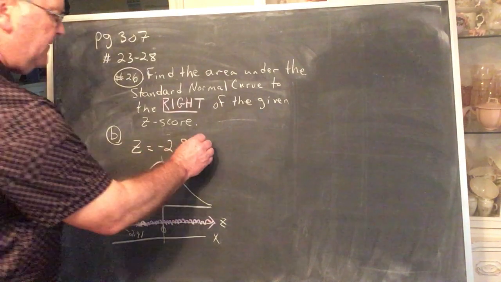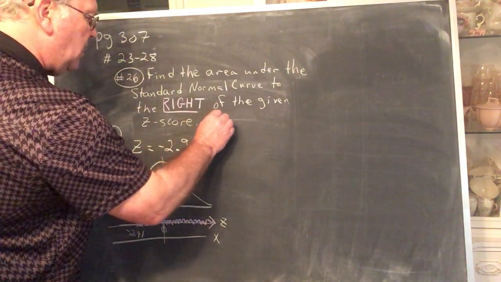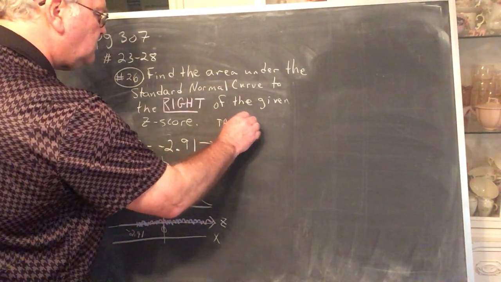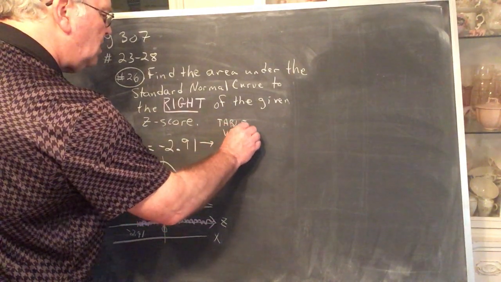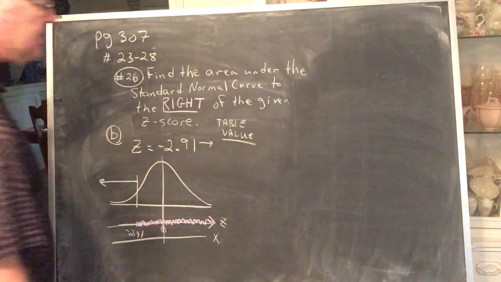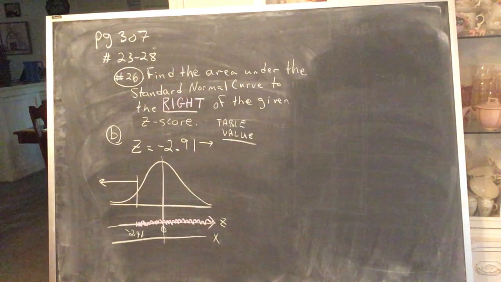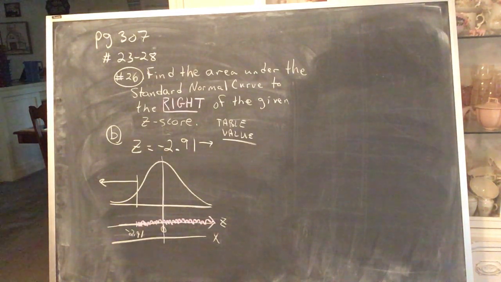So let's see what we have. Negative 2.91, that's the table value we're looking for. Make sure you're in the negative region, not positive. Negative 2.9 is near the top of the table in the upper left. Negative 2.9, we want the 0, 1 column.